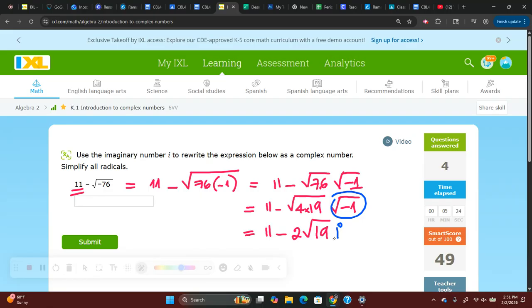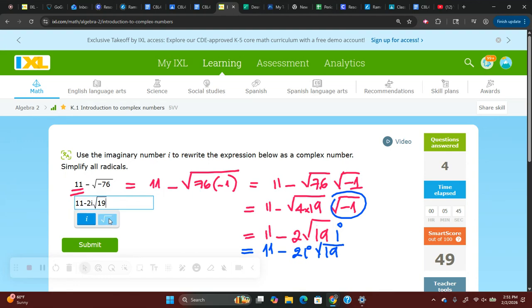But you can see the i needs to be in front of the square root, so I rewrite it: 11 subtract 2, now I squeeze the i in, and then the square root of 19. Okay, that's it. The answer is 11 subtract 2i square root of 19.